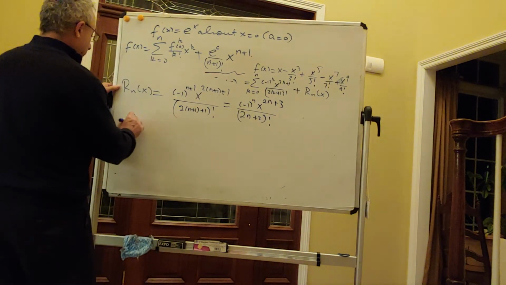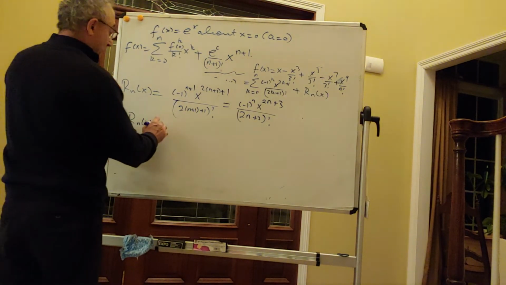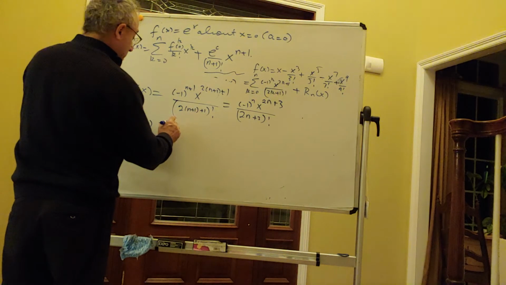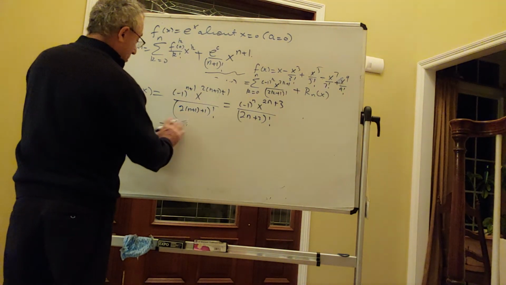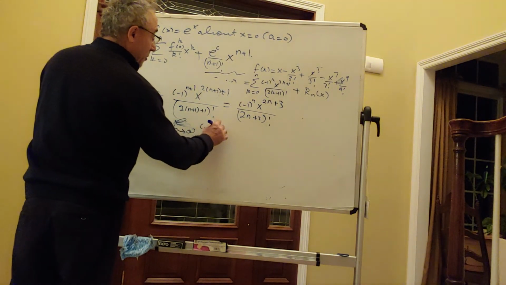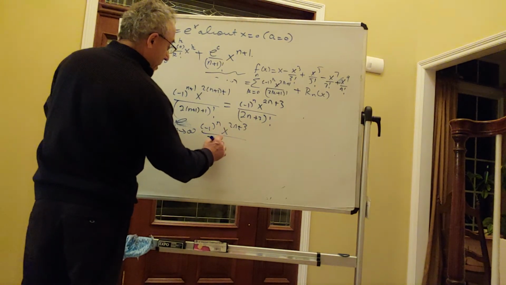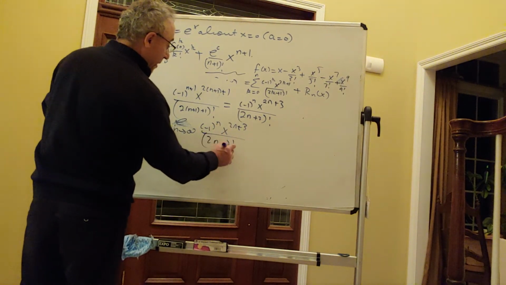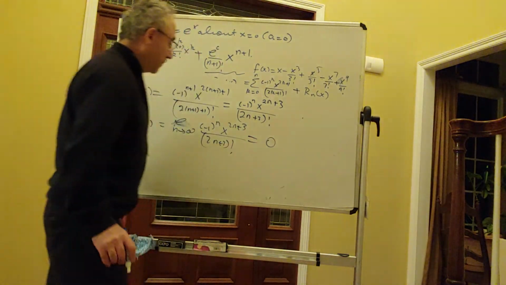And then if you take the limit of that, let's take the absolute value, or actually it doesn't really matter, minus 1 to the n, x to the 2n plus 3 over 2n plus 3 factorial. Remember, x is any fixed number, and that's going to be 0.